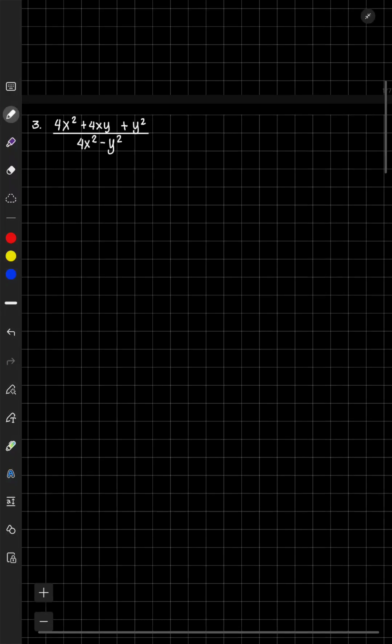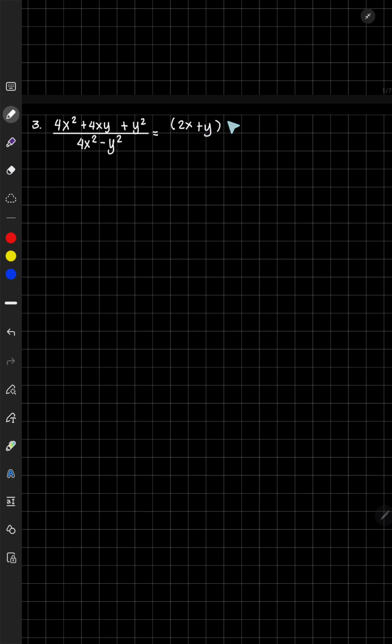For number 3, again, you have to find the factors of the numerator and also of the denominator. For the numerator, we have a factor of 2x plus y squared, or 2x plus y multiplied by 2x plus y, all over 2x plus y multiplied by 2x minus y.